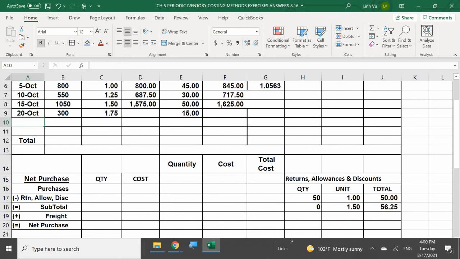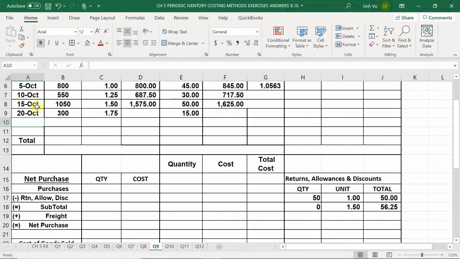So what's my total purchases here? 525. And what was my total cost? 540.